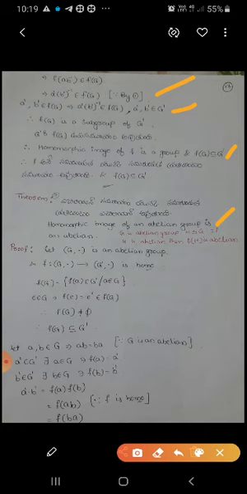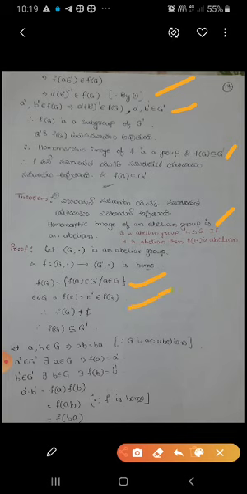So proof. Let (G, ·) be an abelian group and f: G to G' is a homomorphism. So the homomorphic image f(G) equals, by the definition, we can write {f(a) belongs to G' such that a belongs to G}.